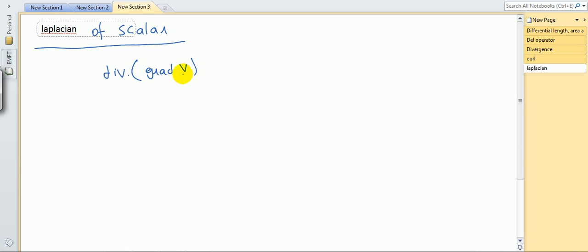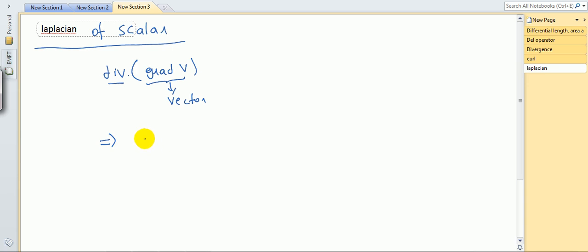We find the gradient of scalar, then if we apply the dot product, that is gradient of scalar will be a vector quantity, so we can apply the divergence, and after applying the divergence, this can be called as Laplacian of a scalar.